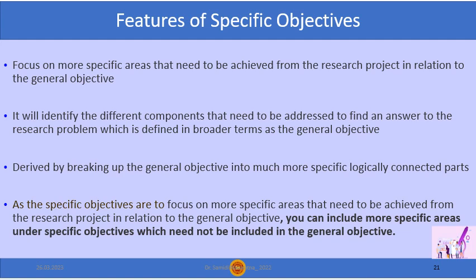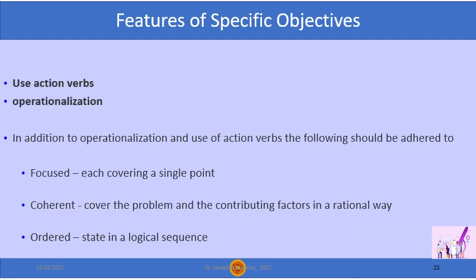So what I'm trying to say is that all the components of the specific objectives may not be included in the general objective, right? But whatever is included in the general objectives should be stated in the specific objectives. Two important features of specific objectives include the use of action verbs and operationalization.